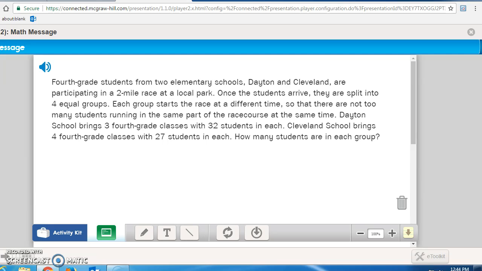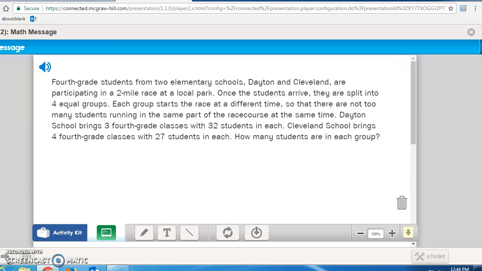Please read the following math message to yourself as I read it out loud. It says, 4th grade students from 2 elementary schools, Dayton and Cleveland, are participating in a 2-mile race at a local park. Once the students arrive, they are split into 4 equal groups.